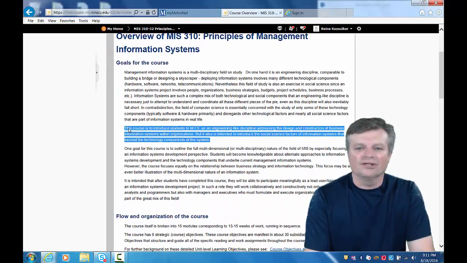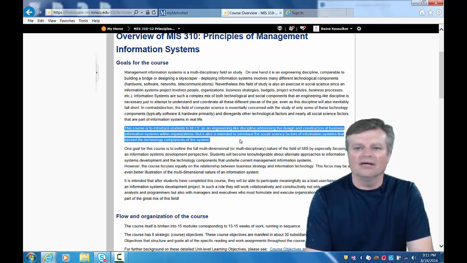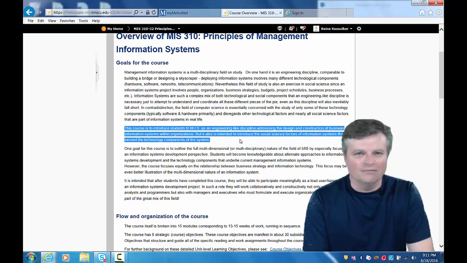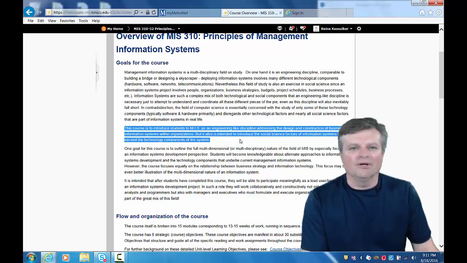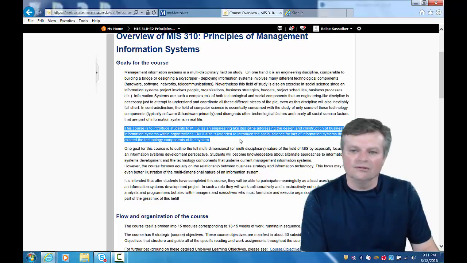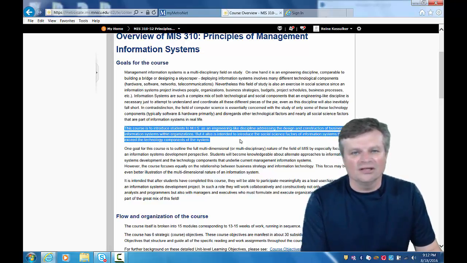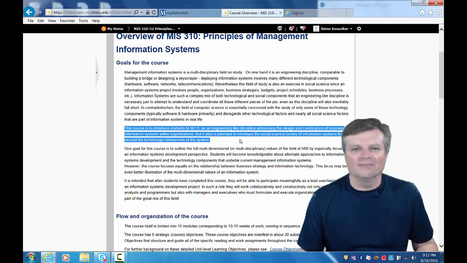is that essentially this course is to introduce you to MIS as an engineering-like discipline, right? So there's a lot of thought and methodology that goes into implementing an information system or a technology system. But we are also going to focus on social science factors such as roles and responsibilities of project teams, the methodologies that they follow, how the teams work together, how they work with the business, basically strategically, how do all these teams come together to finally implement an information system.